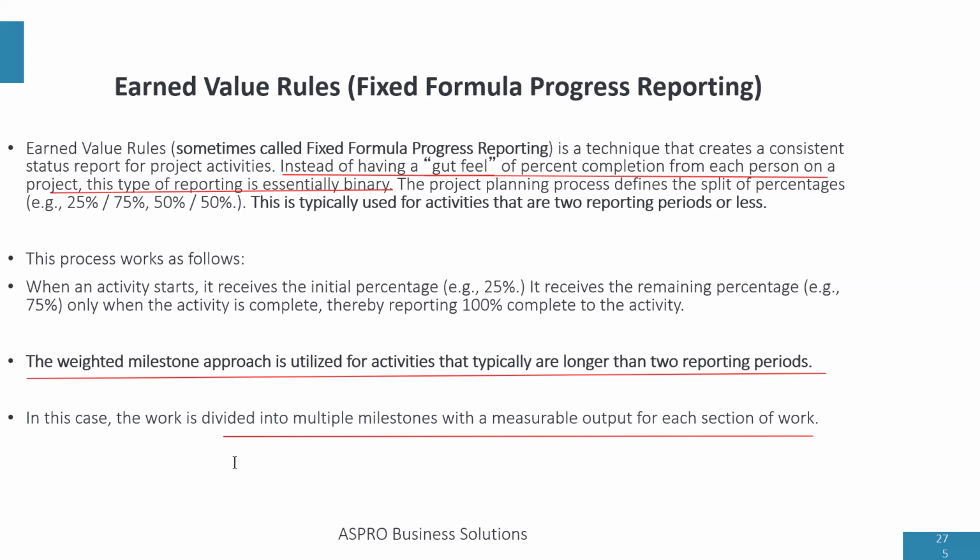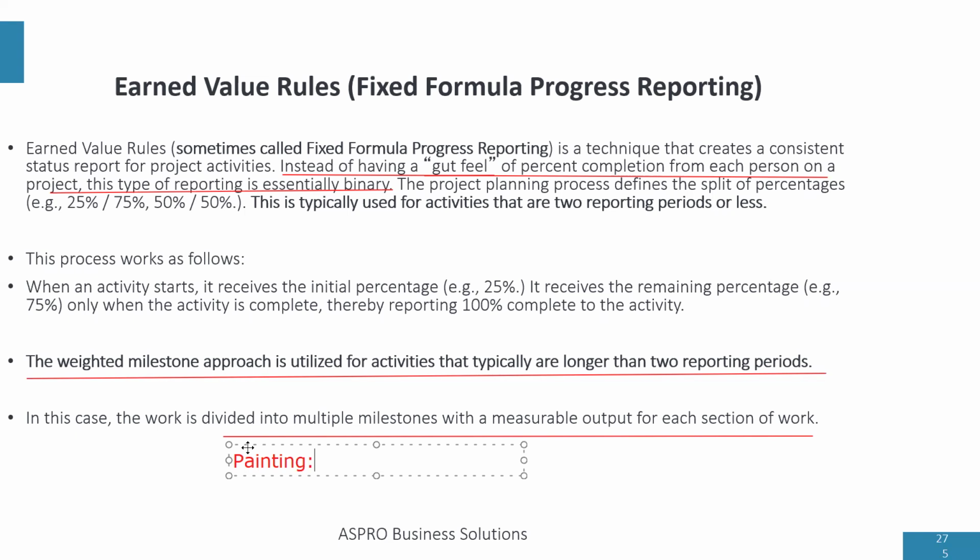So if that's the case, it means that each wall is a quarter of the job. So in weighted milestone, we're going to divide the painting job into multiple milestones. And once the painter has reached those milestones, we will just give him the percent complete.